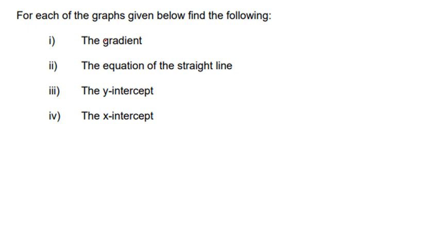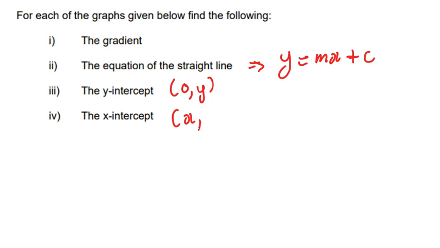For each of these graphs that we're going to be discussing, find the gradient, find the equation of the straight line, find the y-intercept and find the x-intercept. For the y-intercept, we know x is 0. For the x-intercept, we know y is 0. So that is what you are looking for.